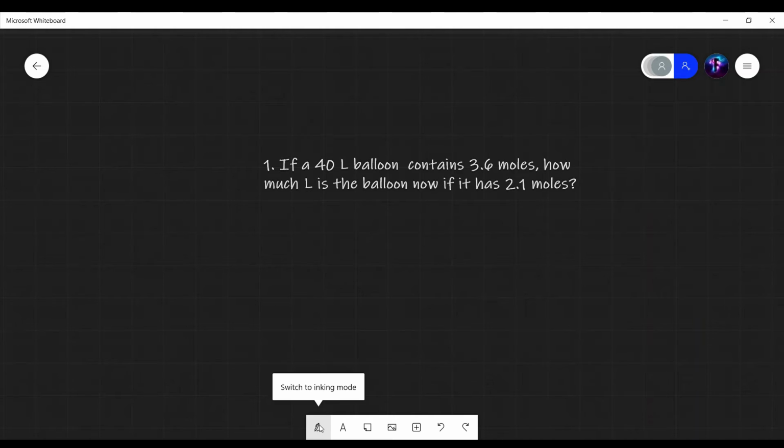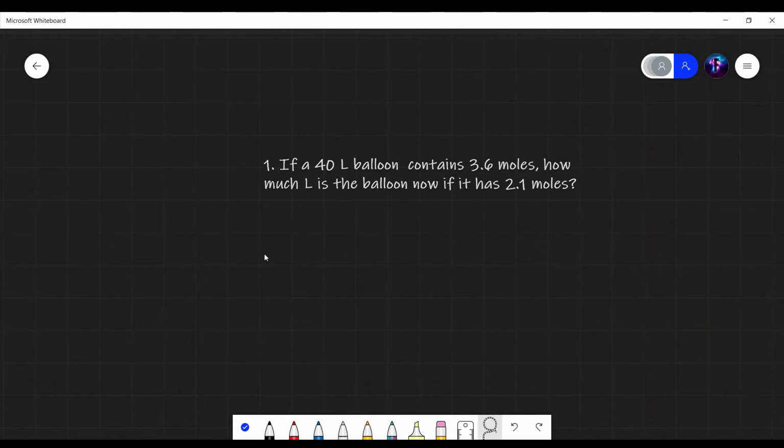So, let's do the first one. If a 40-liter balloon contains 3.6 moles, how many liters is the balloon now if it has 2.1 moles? So let's draw a diagram. 40 liters. It has 3.6 moles.